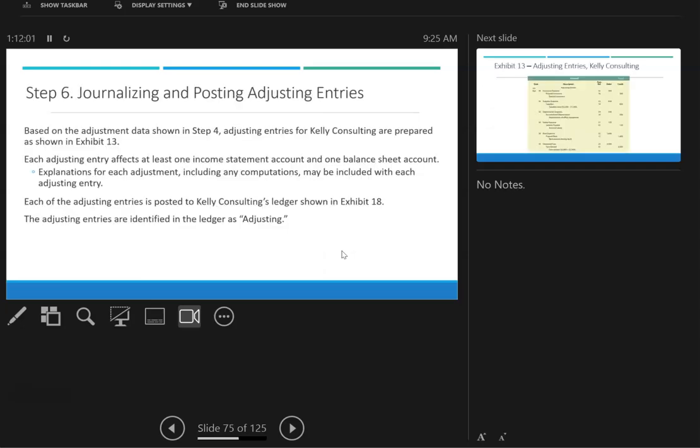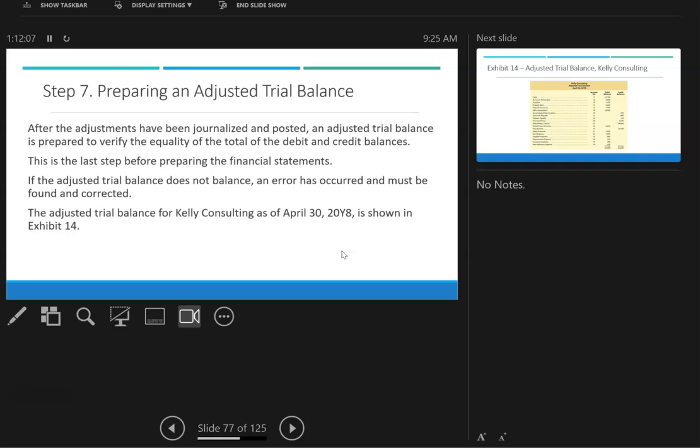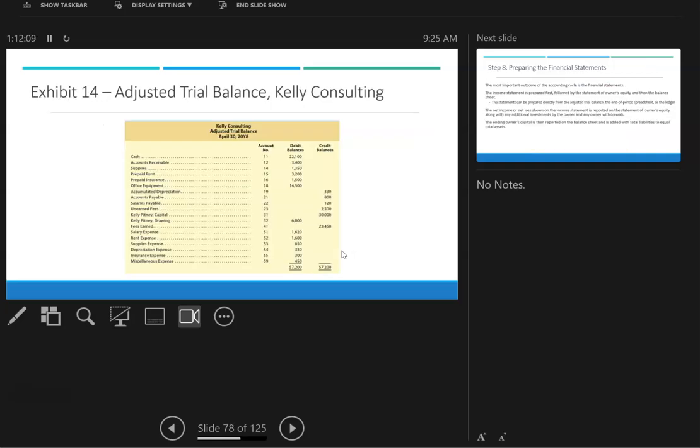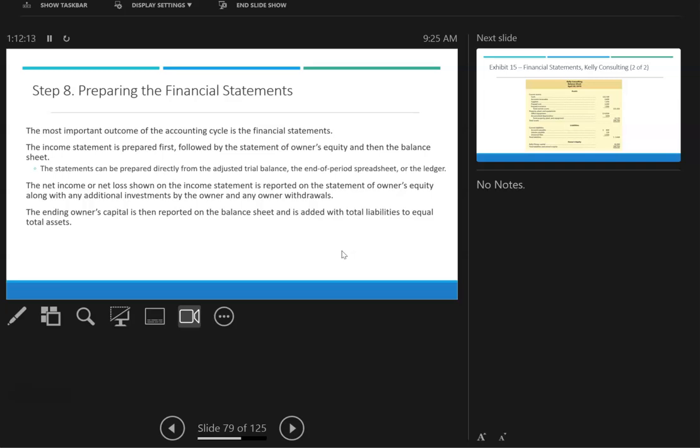We then post those adjusting entries to finally have an adjusted trial balance. It's from this adjusted trial balance we prepare our financial statements. We start with our income statement, then we do our owner's equity, then we do our balance sheet.